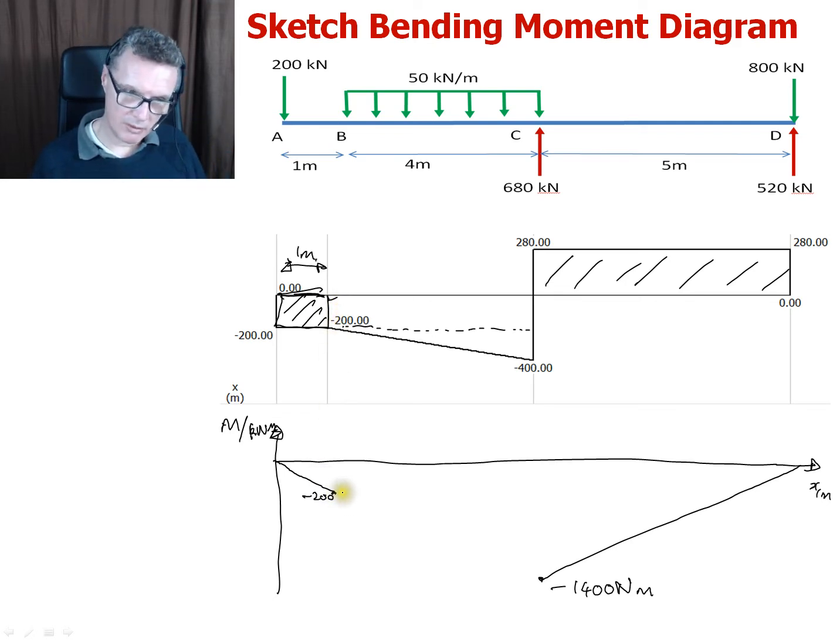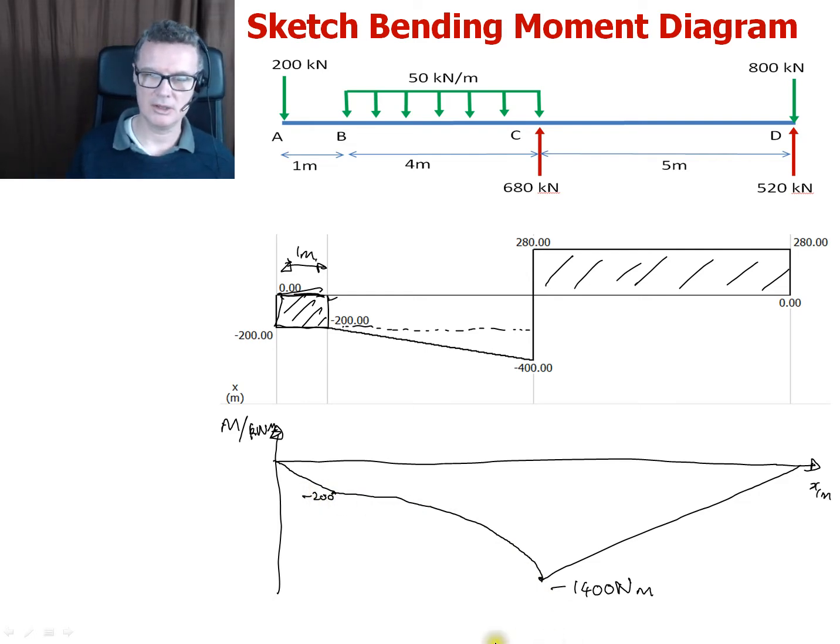So we've got a bit of a bend, and it should be bending a bit more when we get down there. So it's going to look something like that. So that could be a very rough sketch, so we're just approximating the areas that we're finding. We're interpreting what the shape should look like, and that could be one way of doing a sketch.